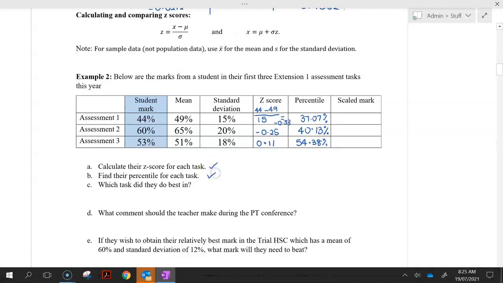Okay, so then part C says which tasks did they do best in? They did best in assessment 3. And you might be asked to justify because it had the highest Z-score. So although you think, okay, the mark in assessment 2 looks the best, relatively, they did best in assessment 3.